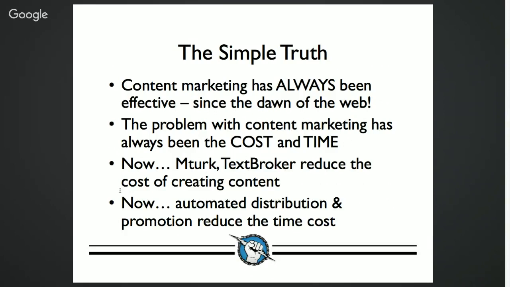But the problem with content marketing, especially for smaller businesses, has been, one, the cost of creating it and being able to do it on a consistent basis, but also the time that goes into managing it. It's easy to say, well, we'll scale up and be doing this many articles and all that kind of stuff.